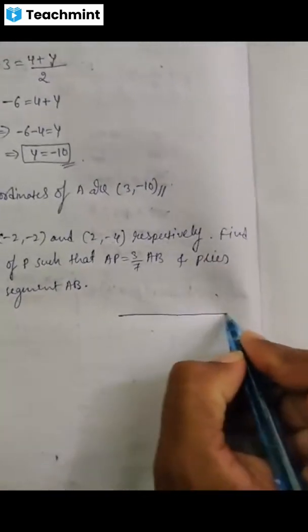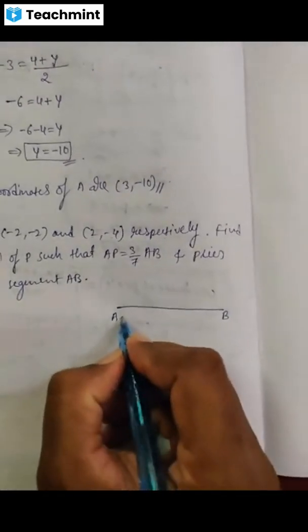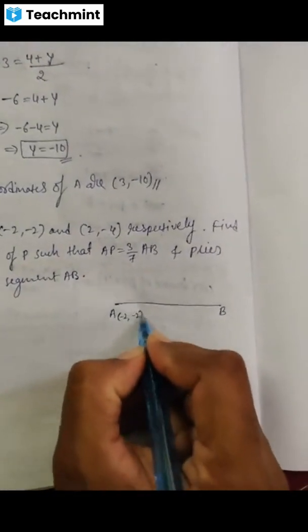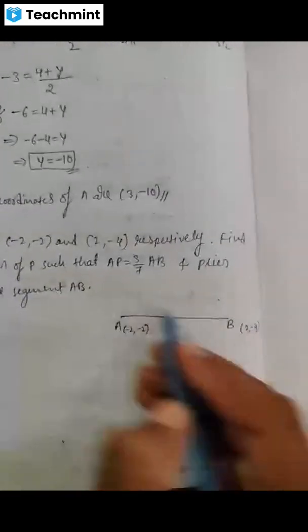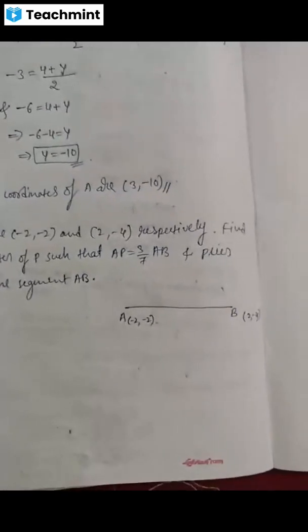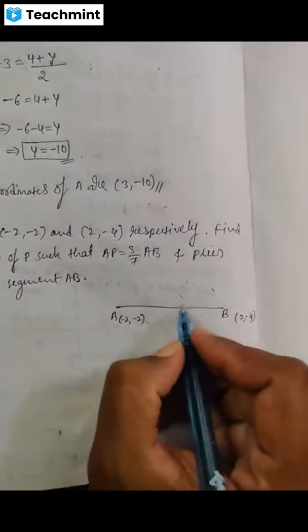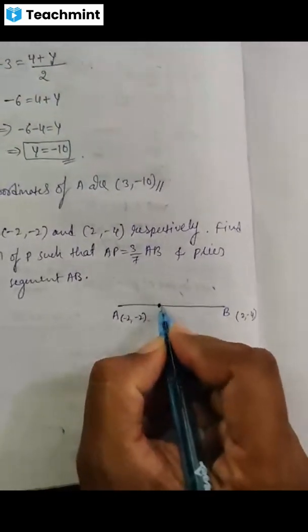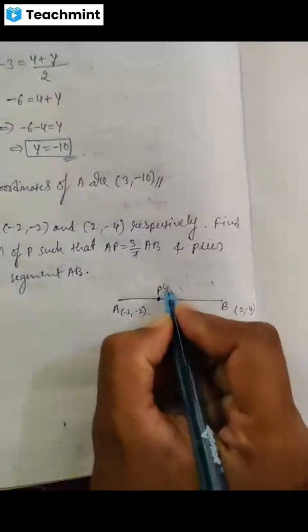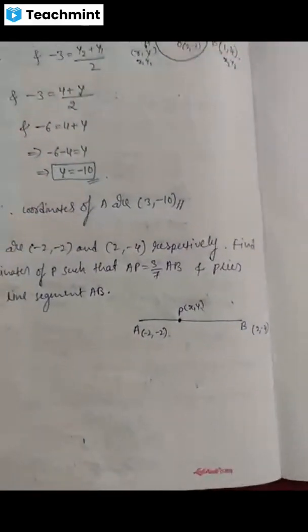See here, I will draw one line AB, with coordinates of A and B given. Okay, so P is anywhere in between. I will take P here. The coordinates of P are not given, that is (x, y).